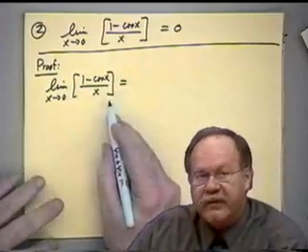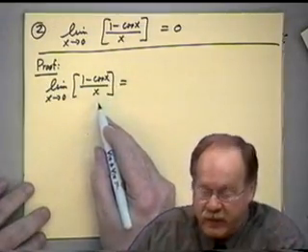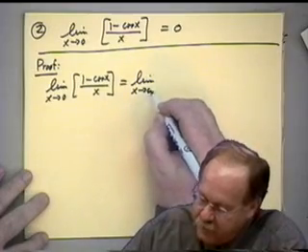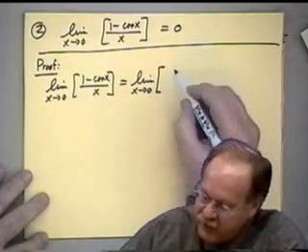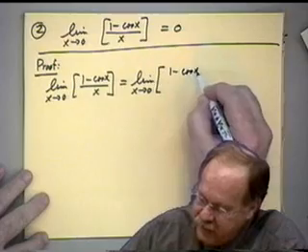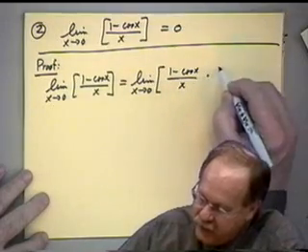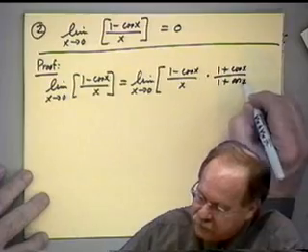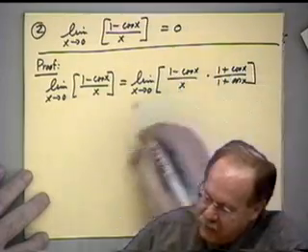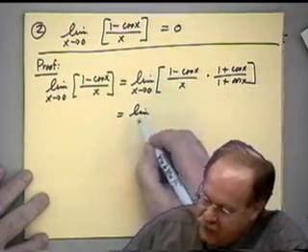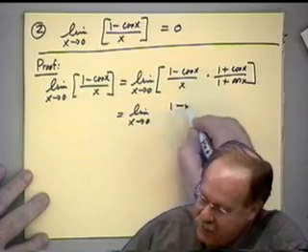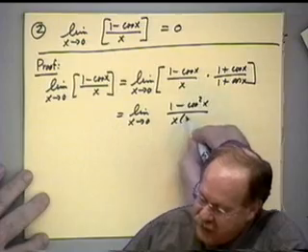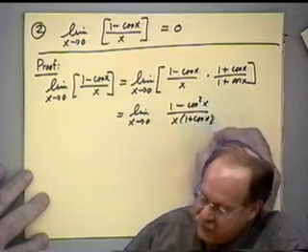So the limit we're looking for is the limit of 1 minus cosine x over x. In order to get the sine involved, which is what the previous limit uses, I am going to do a little bit of algebra here. Notice that if I multiply the top and bottom by 1 plus cosine x, the top then becomes 1 minus cosine squared x, and the bottom is x times 1 plus cosine x.